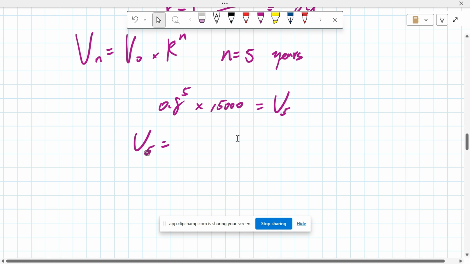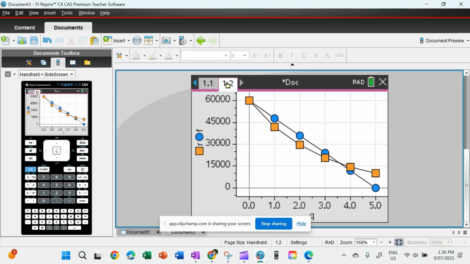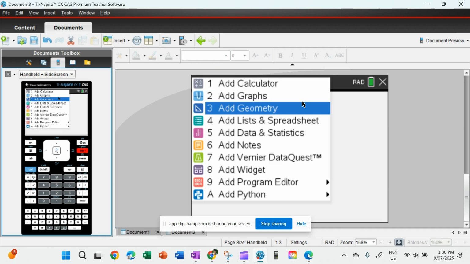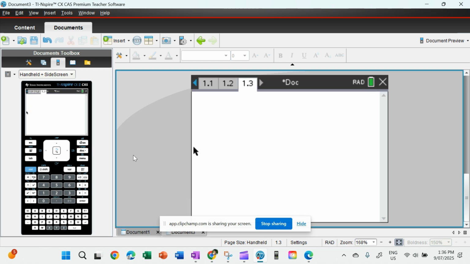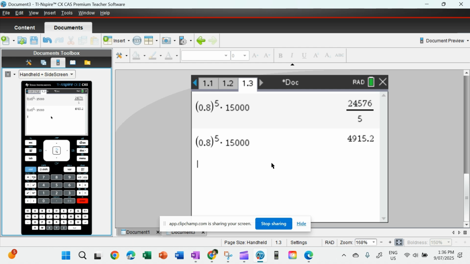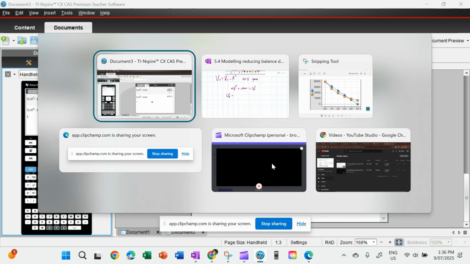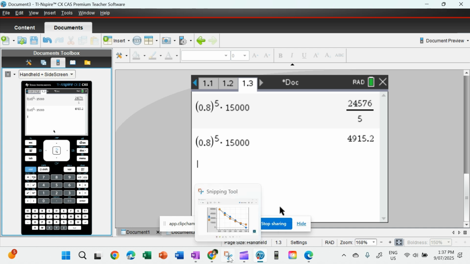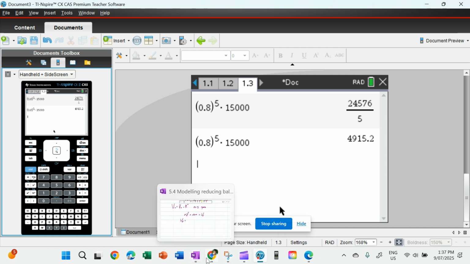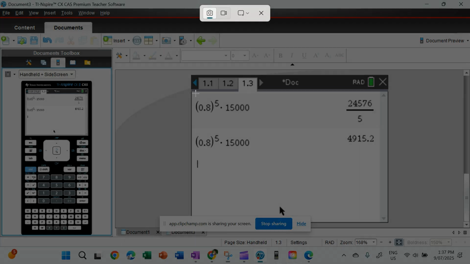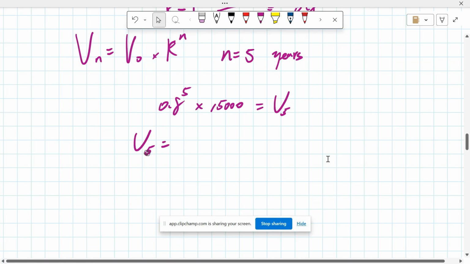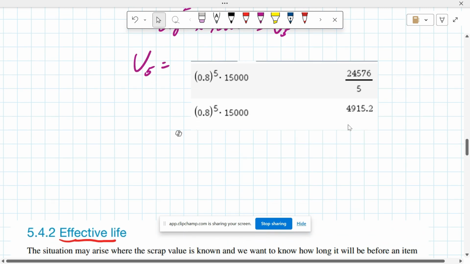If you're using the calculator, let's go back to the calculator: Control dot, 0.8 to the power of 5 multiplied by $15,000, and Control Equal. That will give 4,915.2 as your value after 5 years, which is exactly what we had from the previous video. If you still remember the number, that's how you calculate it, basically.